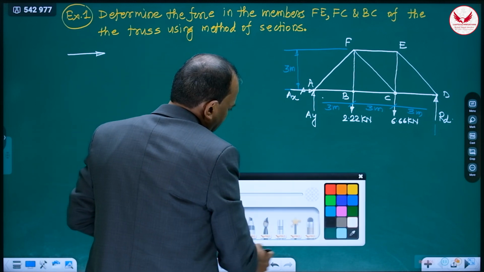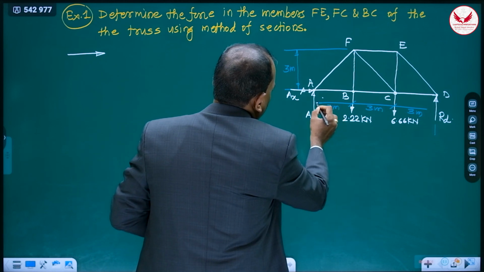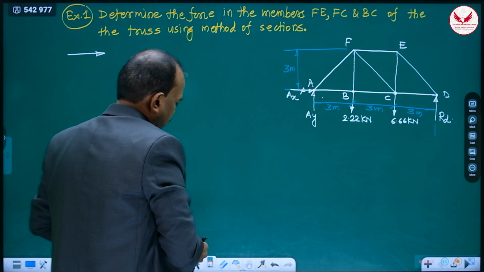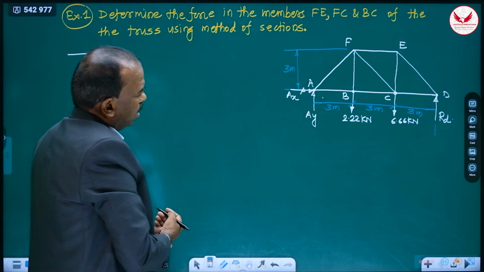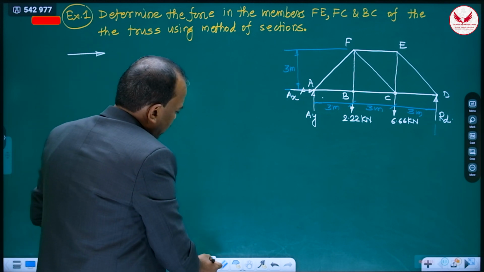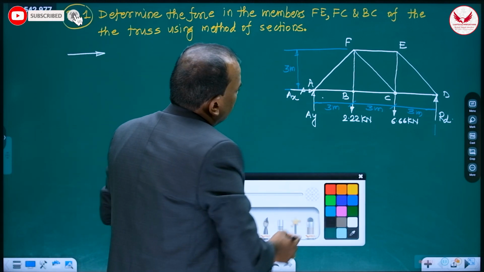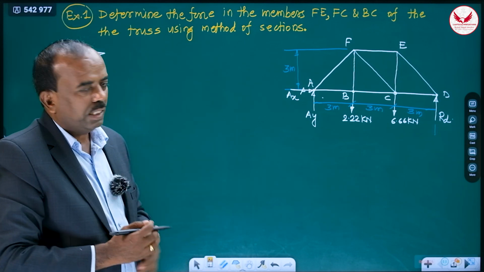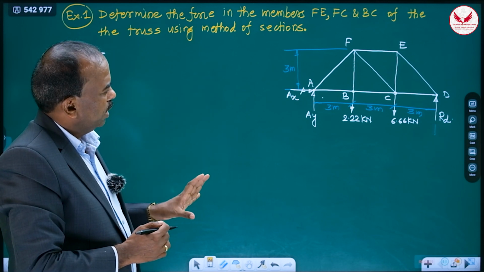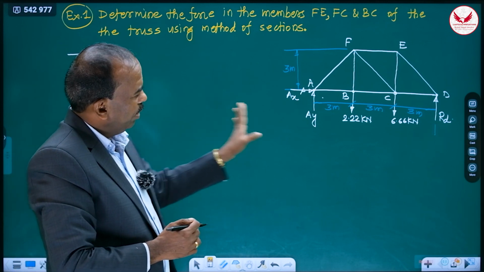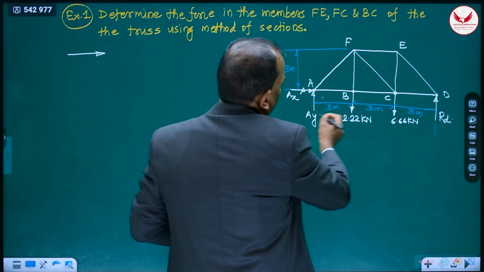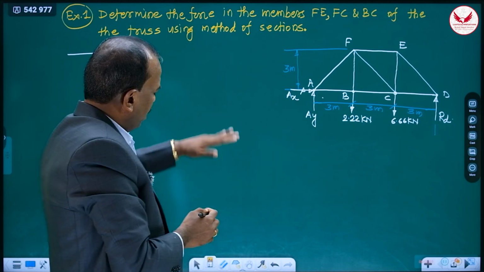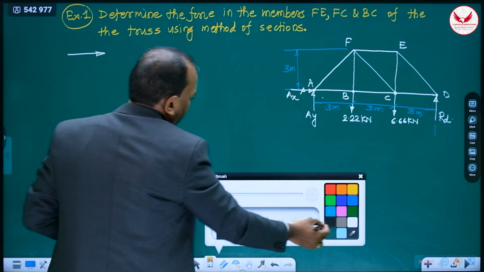Then in this method again, this distance is 3 meters. So from this to this it is 3 meters. Then after that, what I have suggested, take the section, but before that we'll find out a single reaction. Means now these 3 members are there, so we can get the reaction at D. After free body diagram, reaction at D, how we can get?